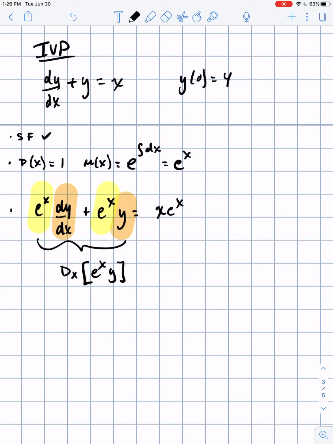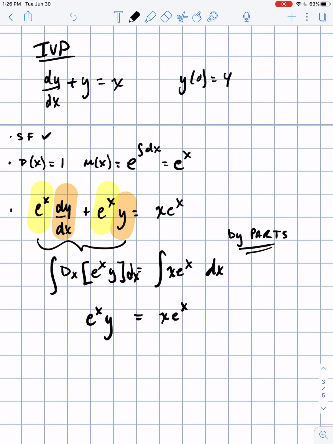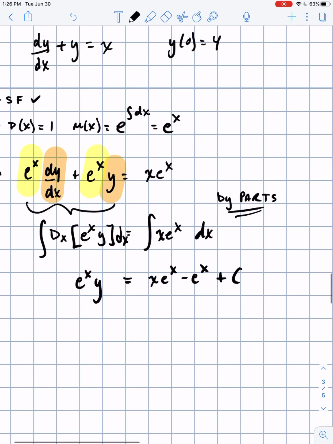So you can see that's our product rule, x e to the x. Let's integrate with respect to x. Okay, here we already got it. Here we did earlier, right? This is a by parts. Look, it's the same thing I did earlier, by parts. Don't forget your plus c, and then divide everything by e to the x.